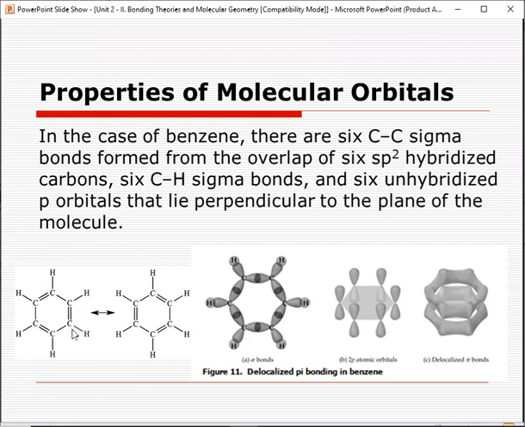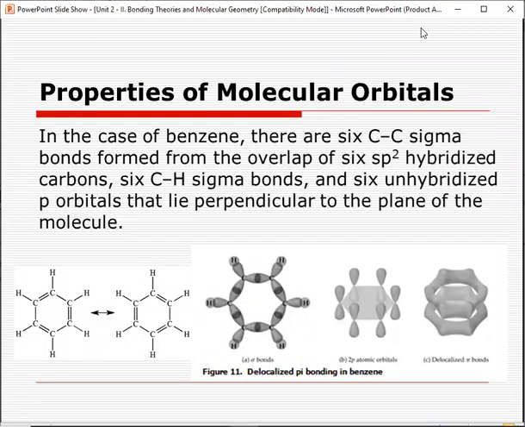So, iyahang resonance structure is this. So, in ani iyahang picture na ay overlap with head-on overlap for this. So, mao nang naa siya 12 sigma bonds and 1, 2, 3 pi bonds.